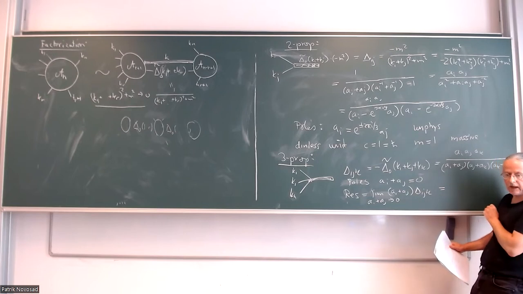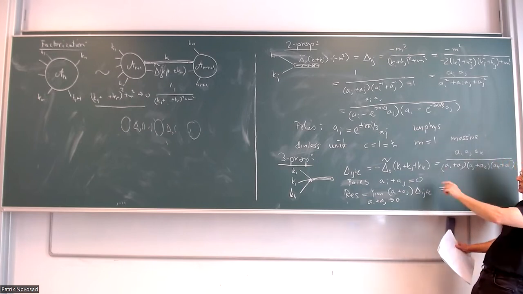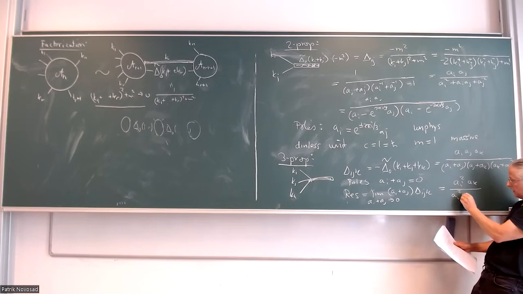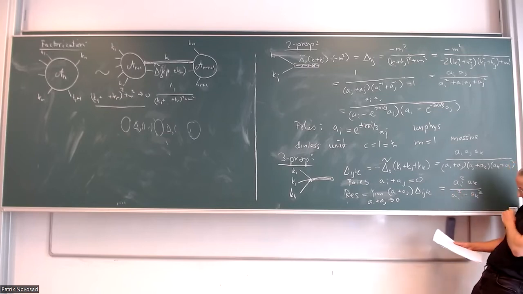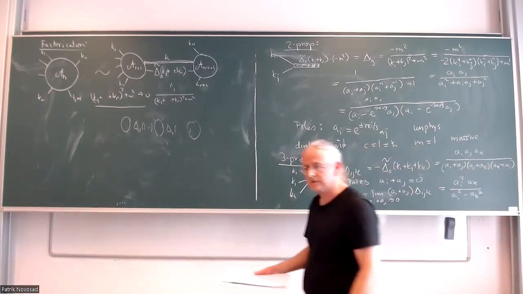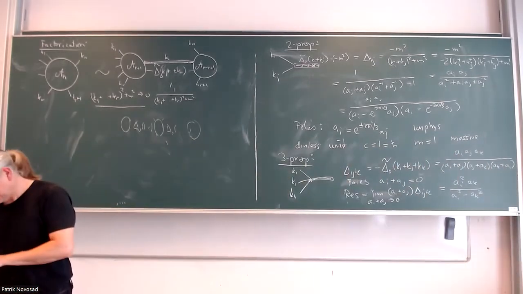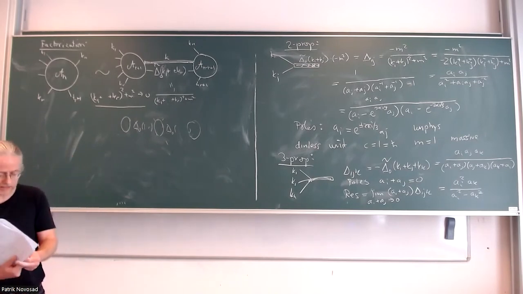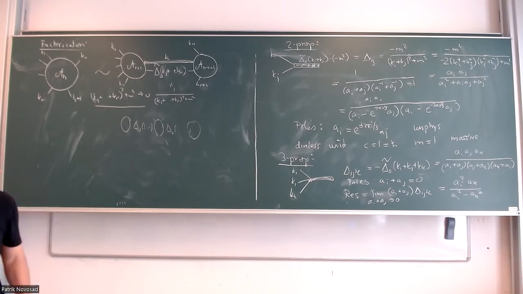So I'm just multiplying by that. And then you can convince yourself that that's going to be a_i squared a_k over a_i squared minus a_k squared, I think. Sorry, I'll leave you to ponder that. So that's propagators, two propagators. And now we can start, yeah?